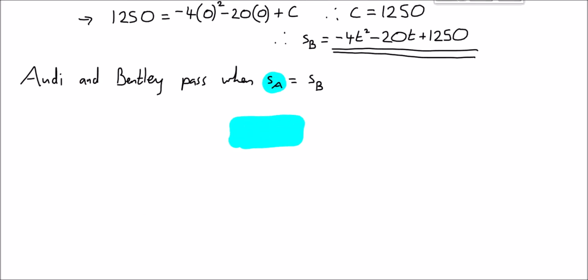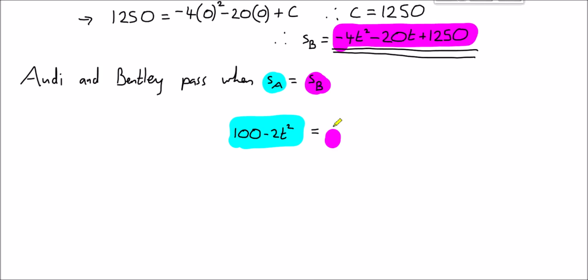So we want 100t minus 2t squared to be equal to the displacement of the Bentley, which we worked out was this here. So 100t minus 2t squared needs to be set equal to minus 4t squared minus 20t plus 1250. This is a quadratic equation we can solve.